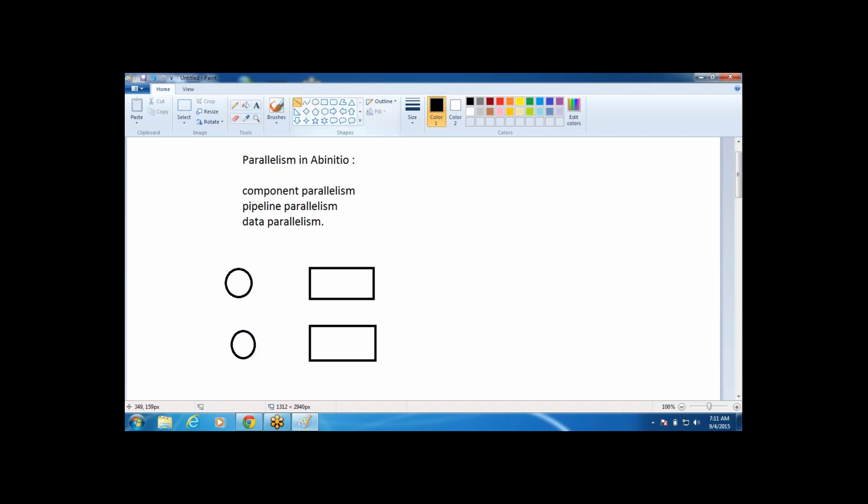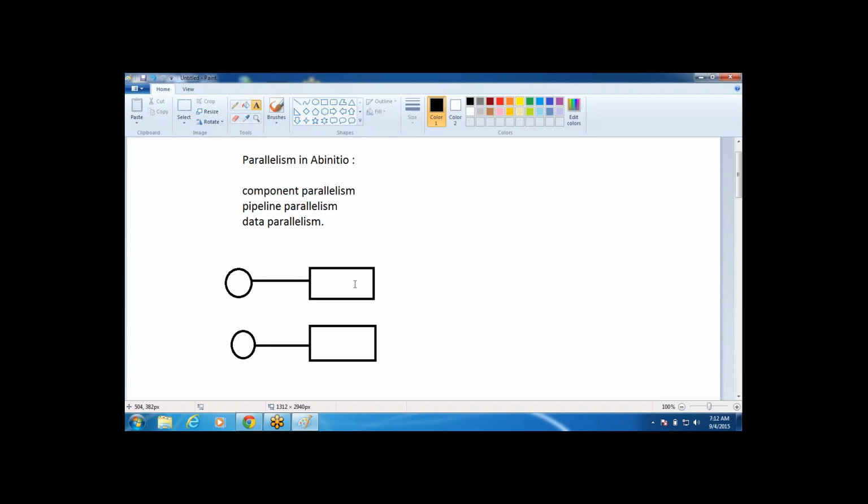I have two different flows in the graph. The data is read from a file by the first component, and the second component also reads data from another file. These two components are running together simultaneously.